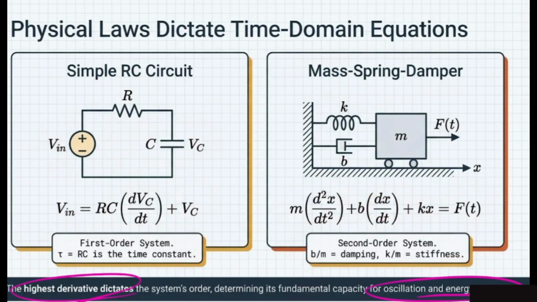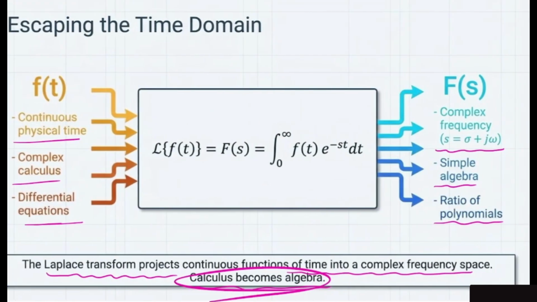That's a second order system. So the highest derivative dictates the system order. It means that I have the number 2 as the highest derivative, so this is going to be a second order system. The system order determines its fundamental capacity for oscillation and energy storage.